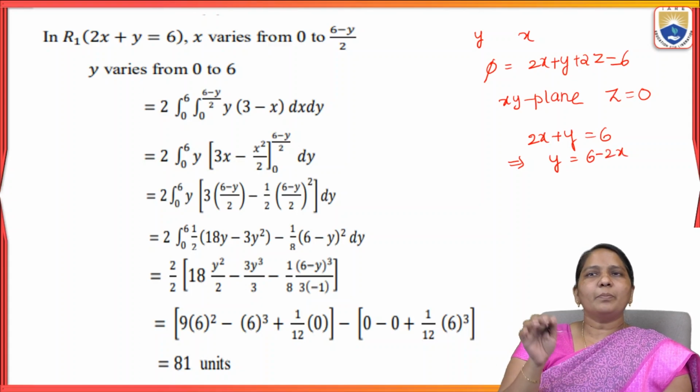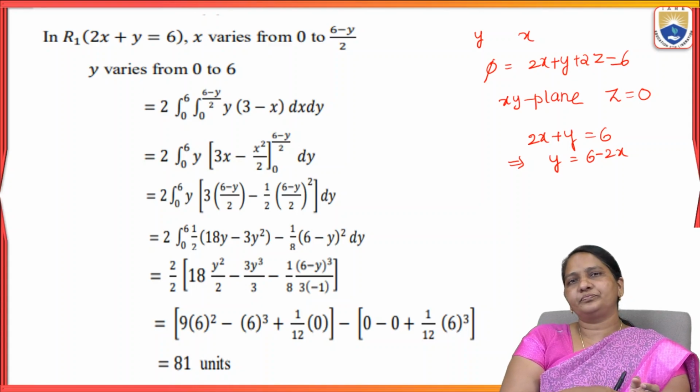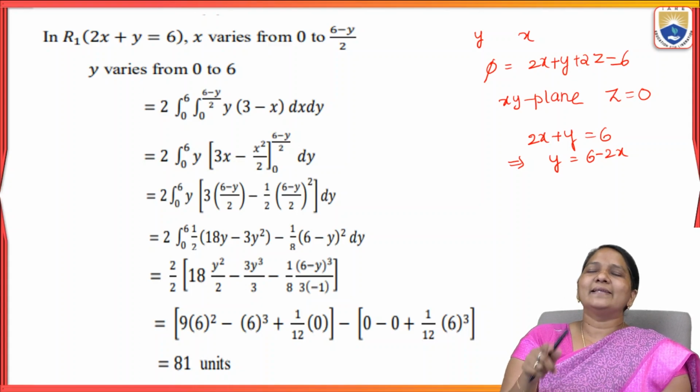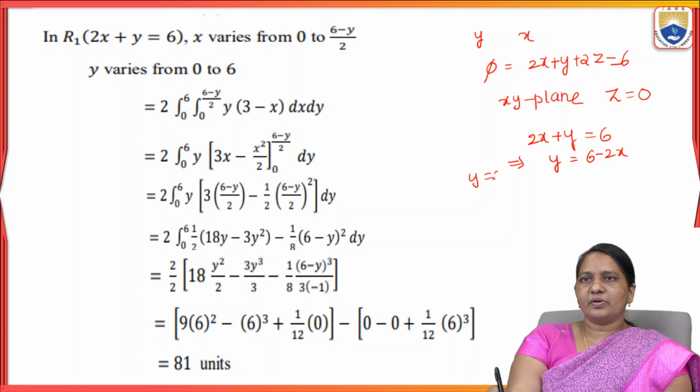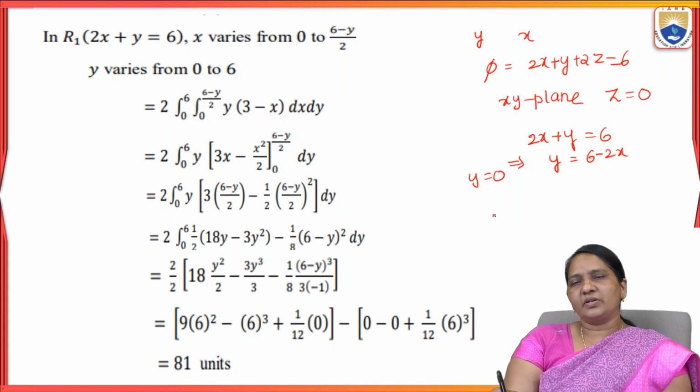Already in the problem, they gave that this plane is in the first octant. First octant means all values are positive. So y is from 0, the starting value is 0, to y = 6 − 2x.